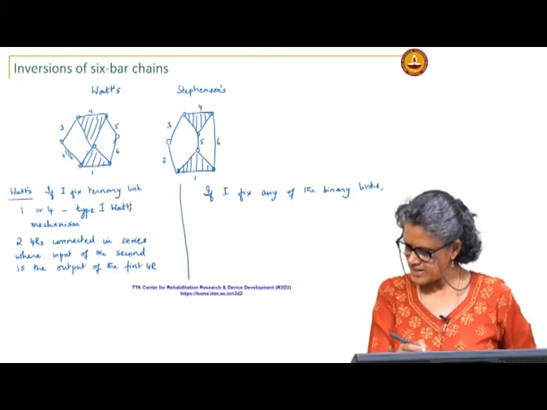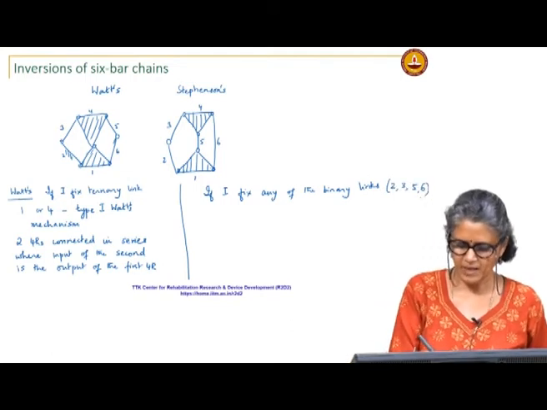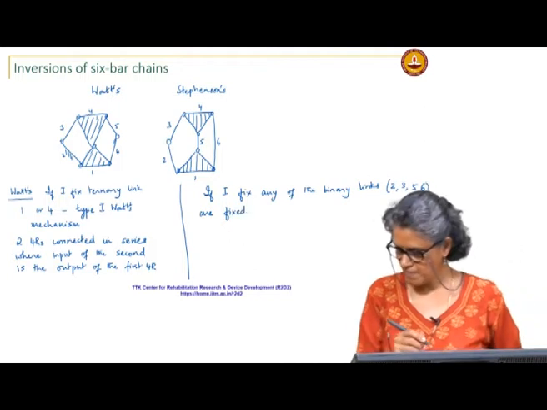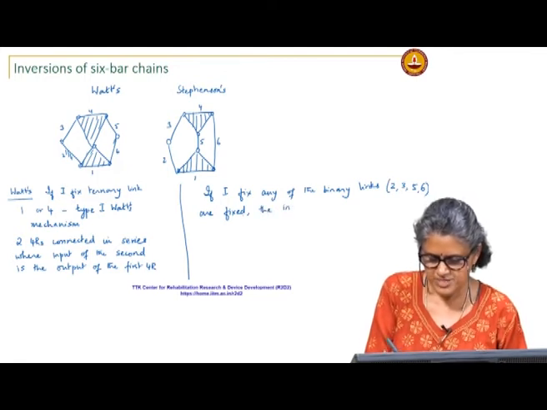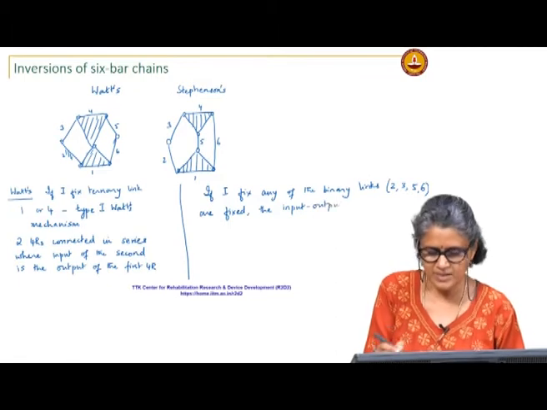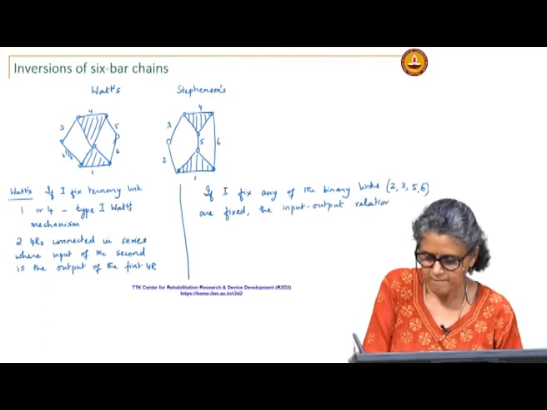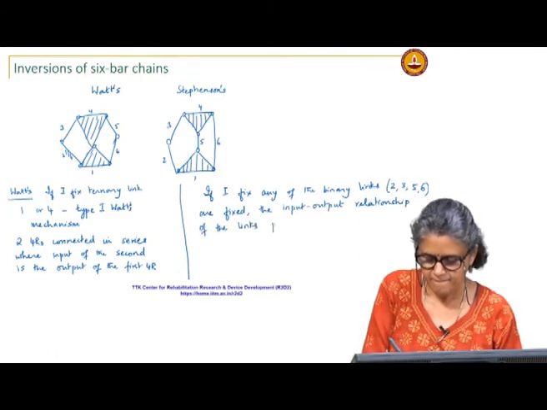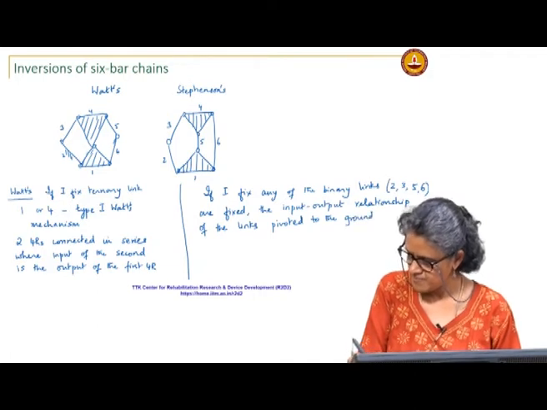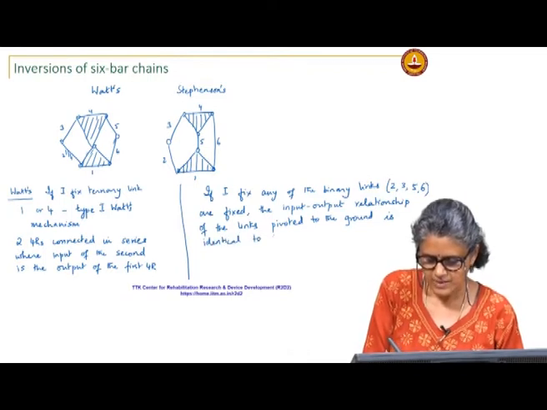So, if any of the binary links, namely 2, 3, 5, 6 are fixed, the input and output relationship, if I just look at the links that are pivoted to the ground, is identical to that of a 4 bar.